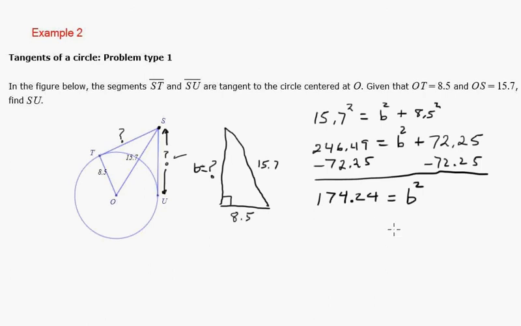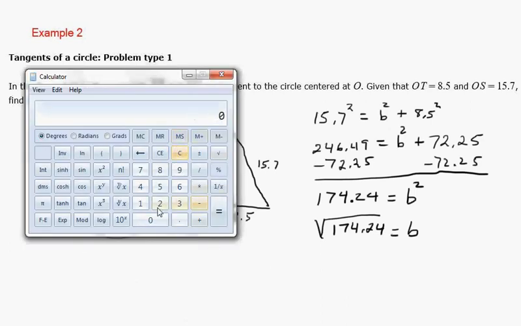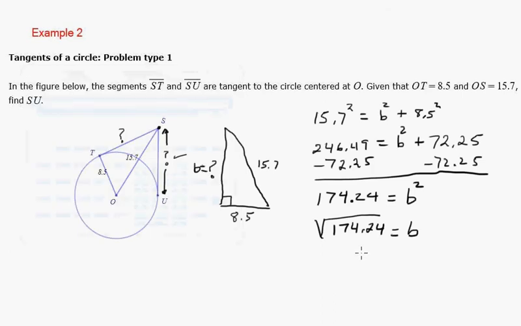So b squared is 174.24. Now b is equal to the square root of that. I go to my calculator, 174.24 square root, 13.2.